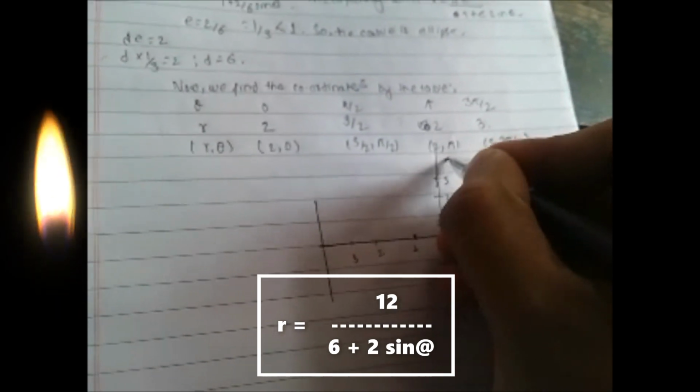Now this is 0 and this is the pi by 2 axis, this is pi, and here lies our 3 pi by 2.